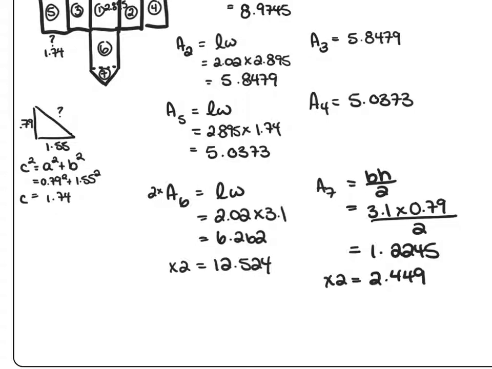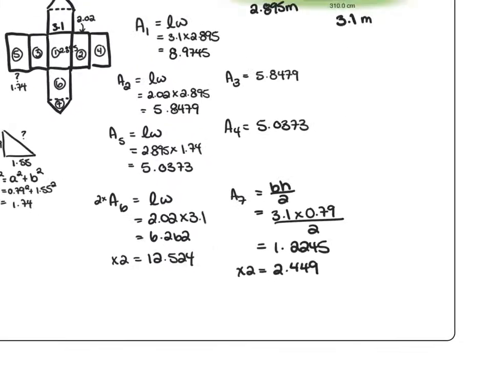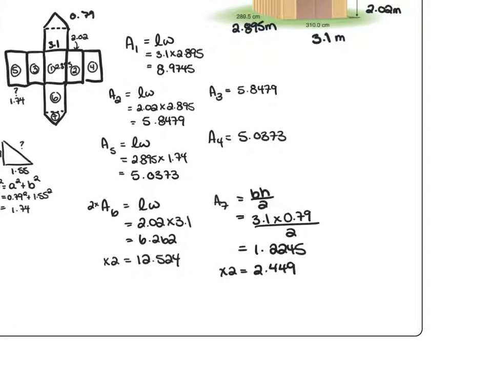So once you have all the little pieces, which weren't that hard to do, they were just length times width, we're going to add them up. So your area total, we're just going to add them up.